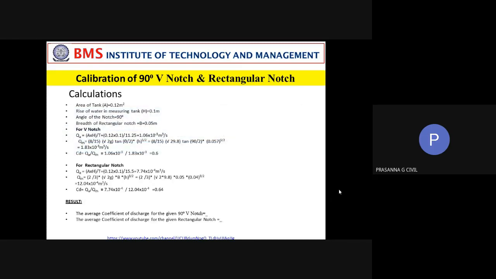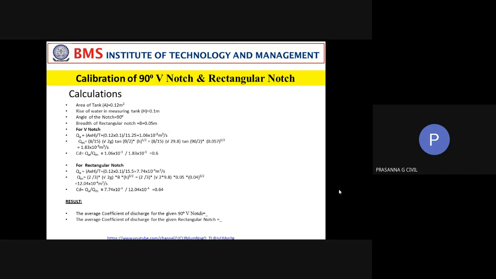Area of the collecting tank was taken as 0.12 meter square, rise of water 0.1 meter. The triangular notch was of 90-degree angle. The breadth of the rectangular notch for the equation for theoretical discharge was taken as 0.05 meters. By substituting the value of Q actual, A into H by T, the value obtained was 1.06 into 10 raised to minus 3 meter cube per second, and the Q theoretical value was obtained as 1.83 into 10 raised to minus 3.